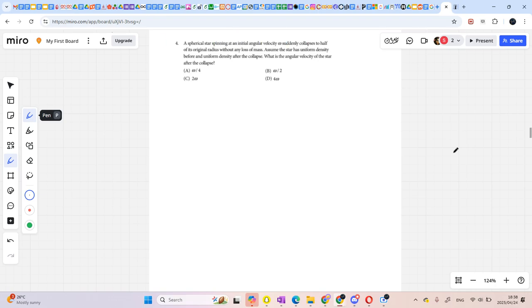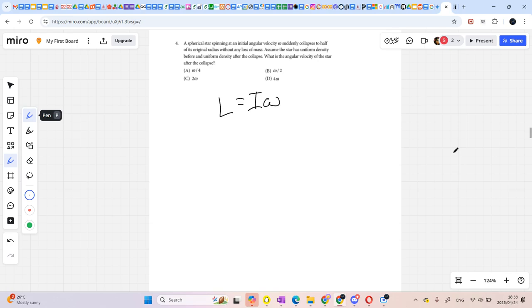So the equation for conservation of angular momentum is L equals I omega, where I is the rotational inertia, the rotational moment of inertia.